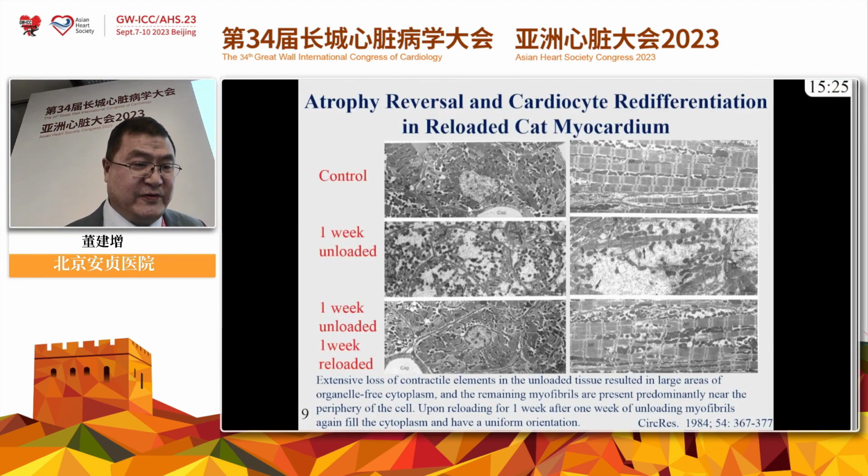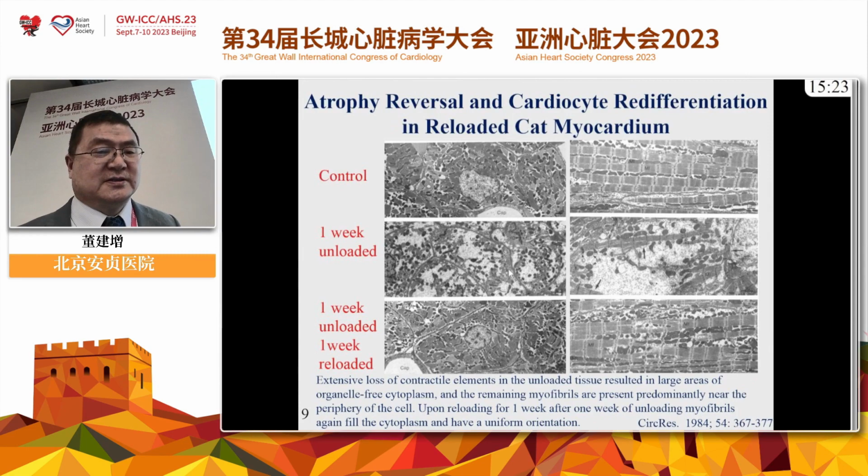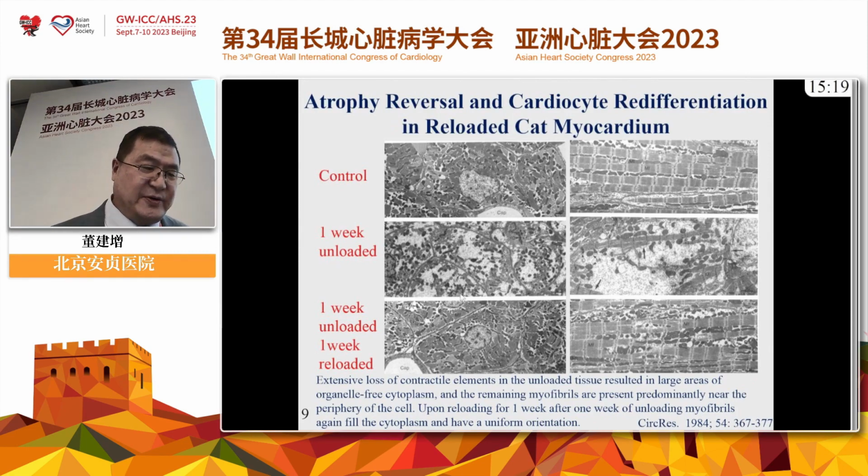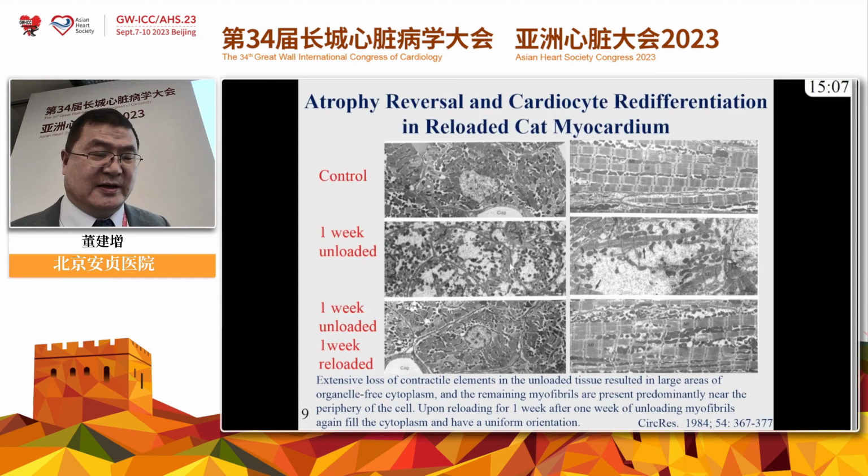If the load is lost, besides the decrease in cell size, there is extensive loss of contractile elements in the unloaded tissue, and many organs can also lose mass and decrease.